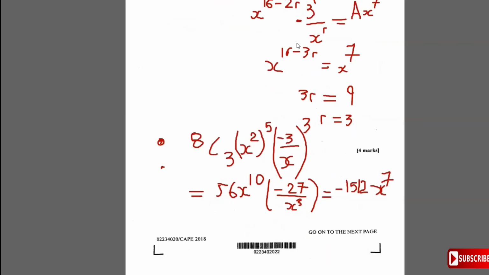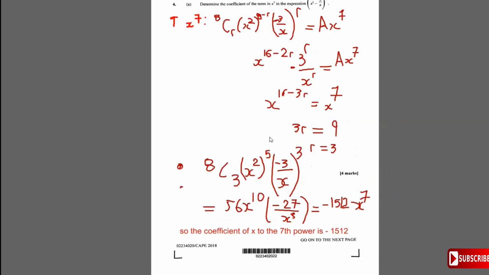Let's write that down. So the coefficient of x to the 7th power is minus 1,512. That's what we get. Nice.